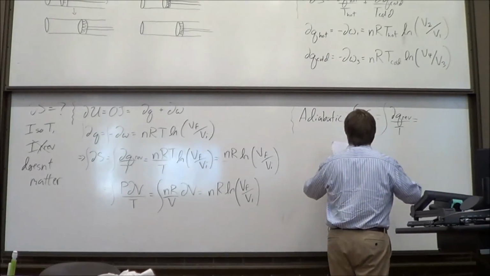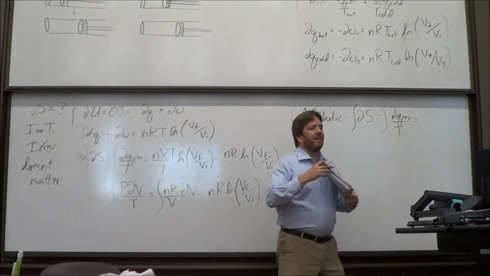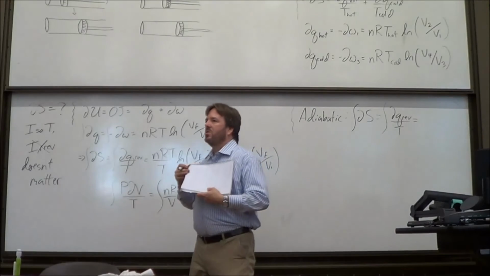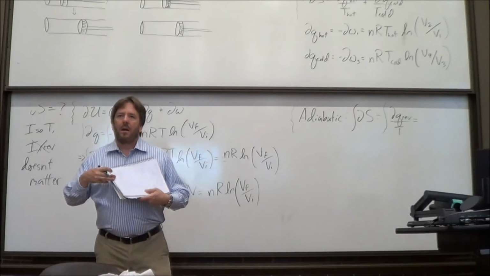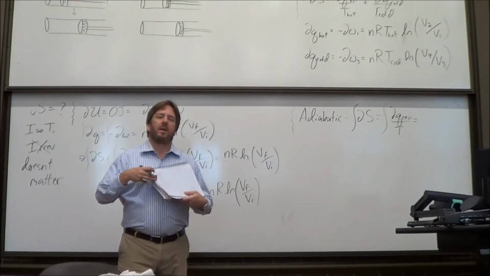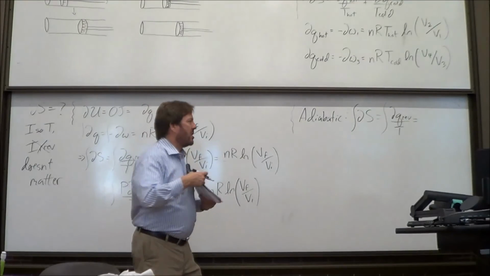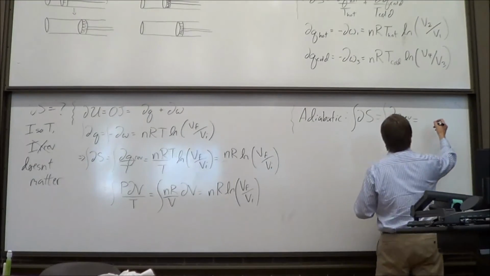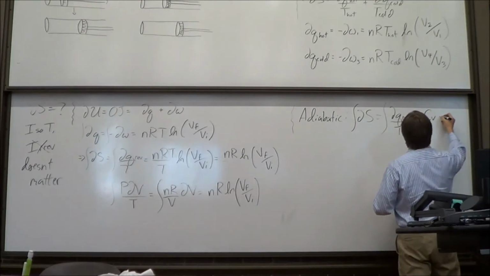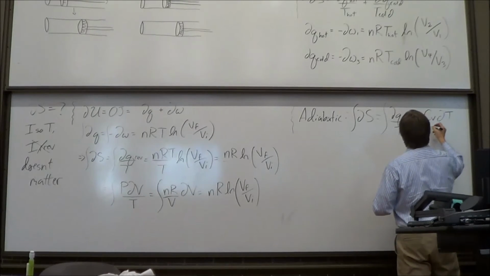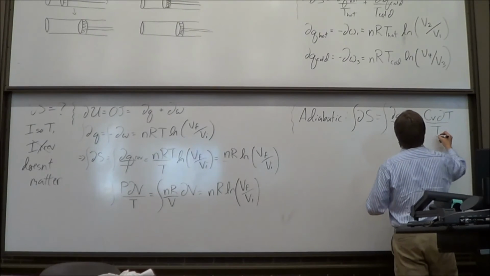And so what you do is you know that there's a temperature change, and what am I doing? Basically a change in U, and so the relevant energy is CV dT. Okay, so there you go.